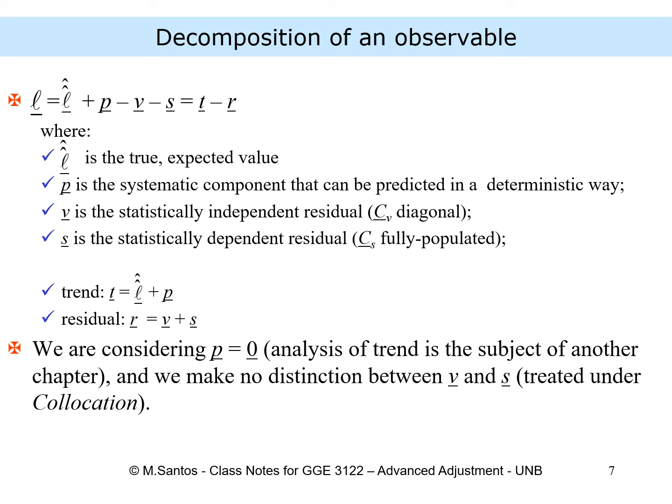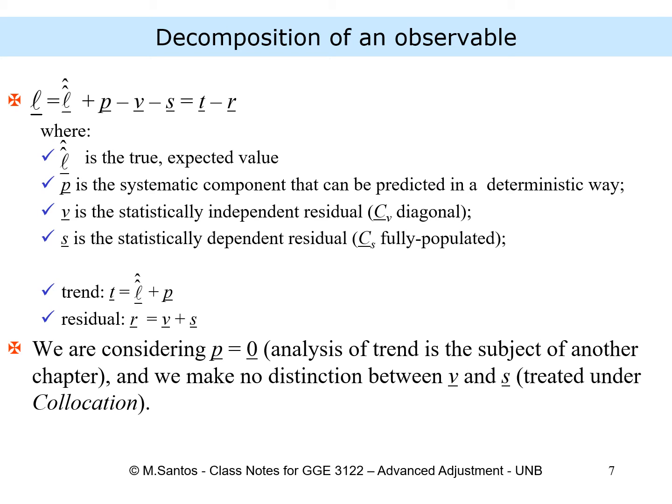V is the statistically independent residual. In other words, its covariance matrix is diagonal, and S is the statistically dependent residual, and its covariance matrix is fully populated.